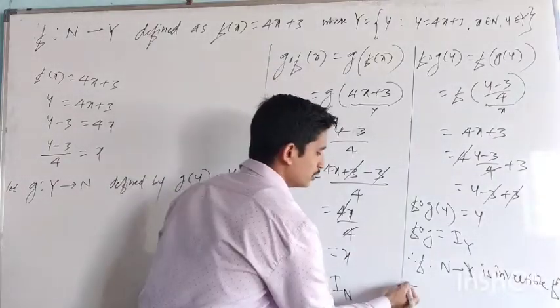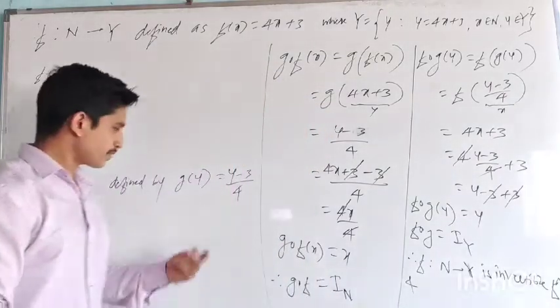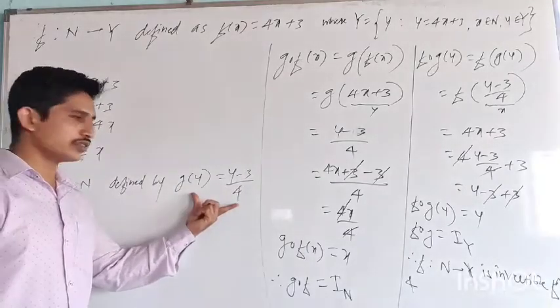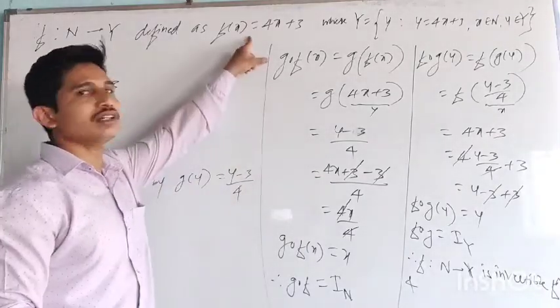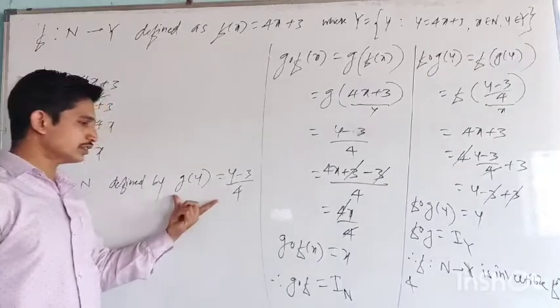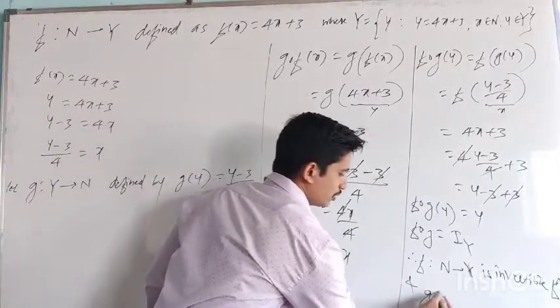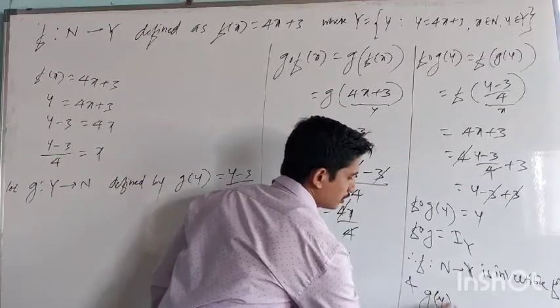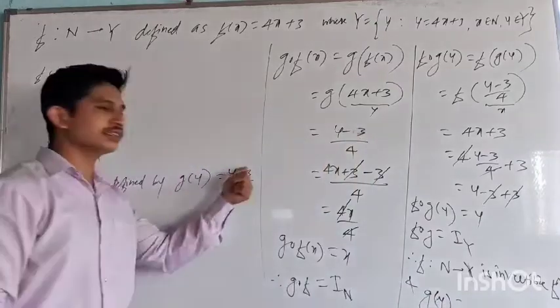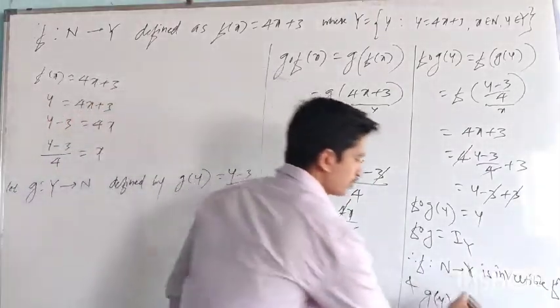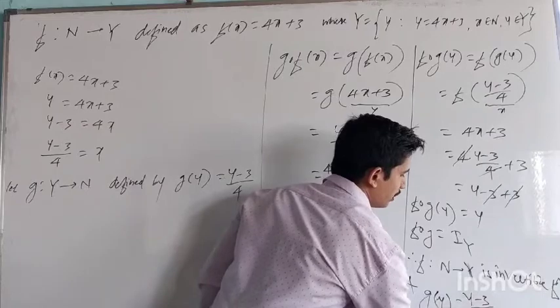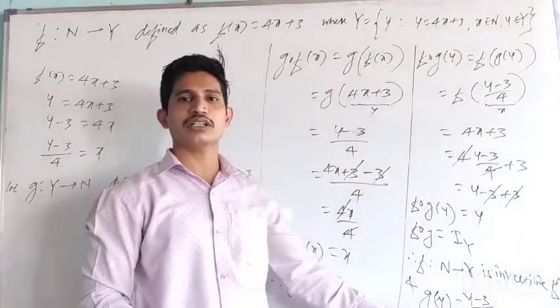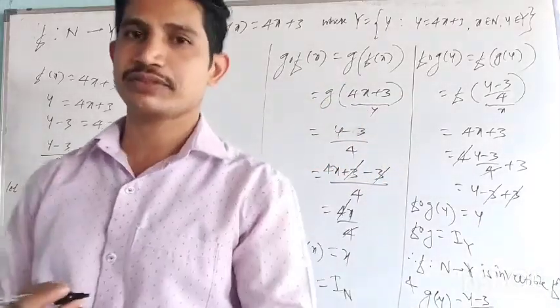Which is the inverse here? This function, this definition, is the inverse of f of x. Therefore, g of y is (y minus 3) divided by 4. This function is called the inverse of function f.